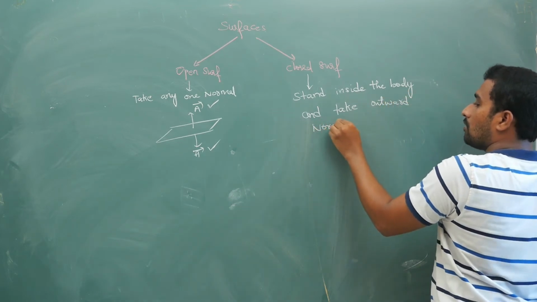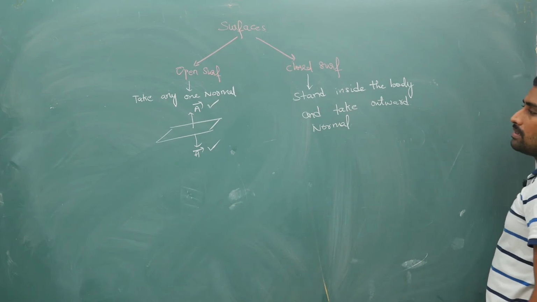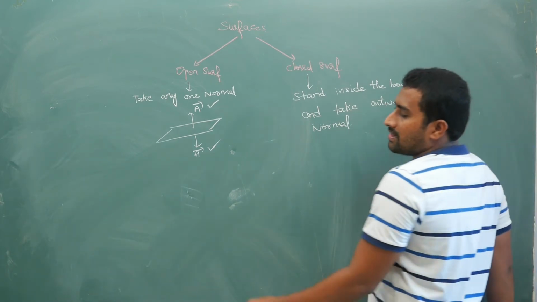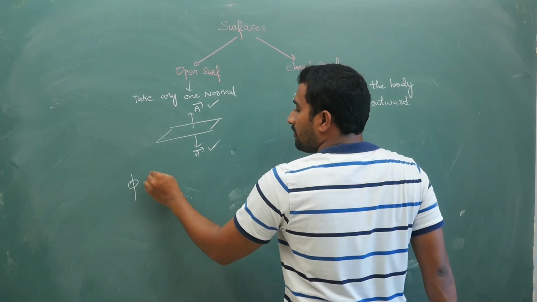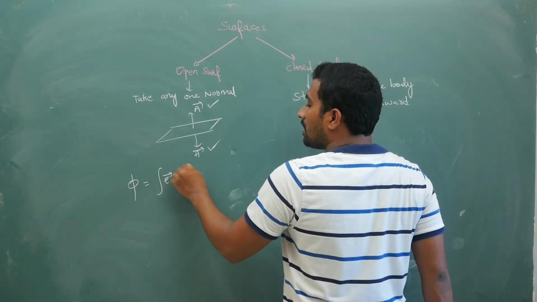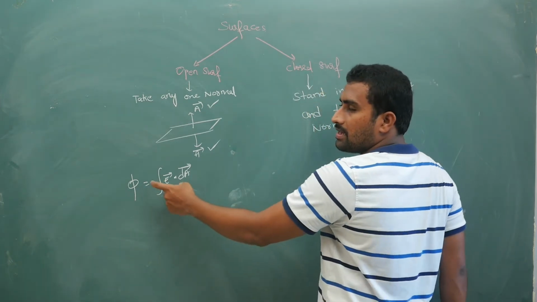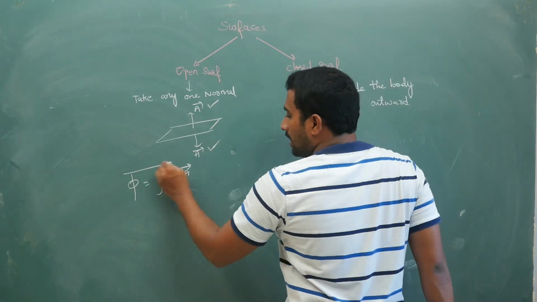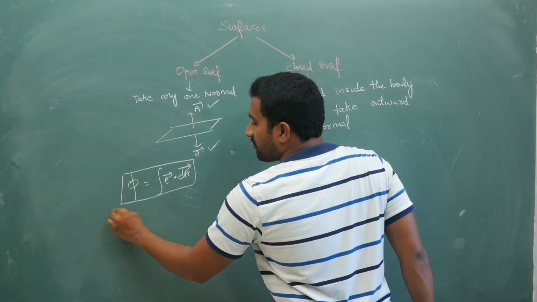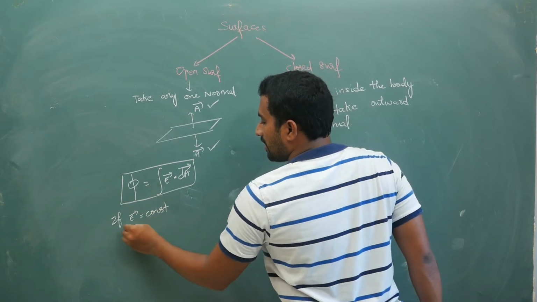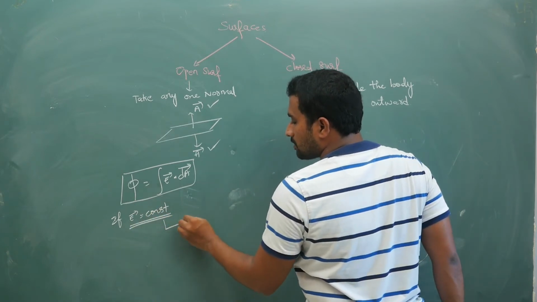So what is this outward normal business? I will tell you now. For open surfaces, if you have variable field, do integral of E bar dot dA bar for the open surface. Here I did not keep the closed integral, I have just simply left it as such. And in that too, if E bar is constant, there are two possibilities.